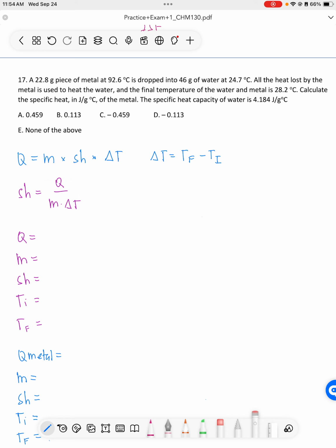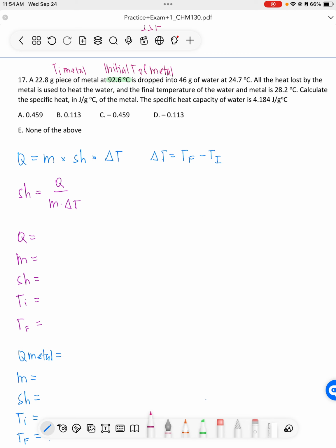So we have a 22.8 gram piece of metal, and it tells us its initial temperature is 92.6 degrees Celsius. So I would put something like initial T of metal, or you could put TI of metal.